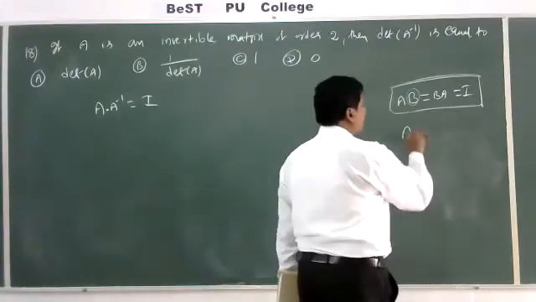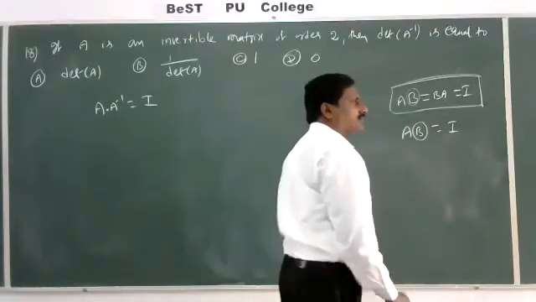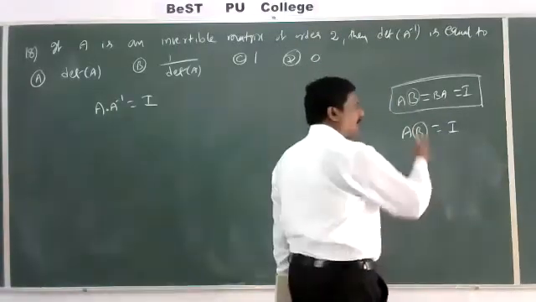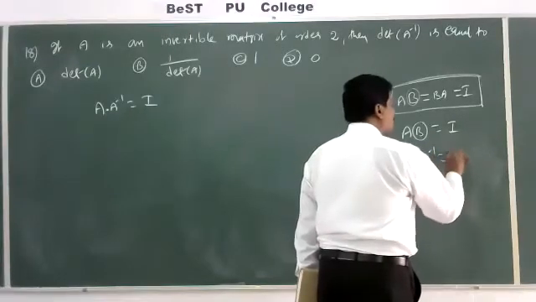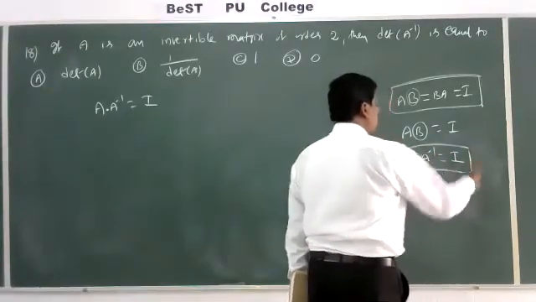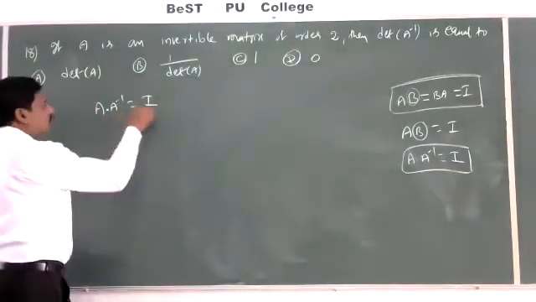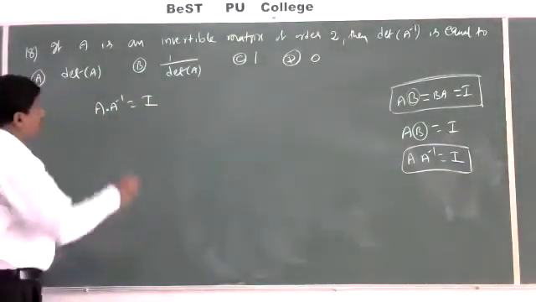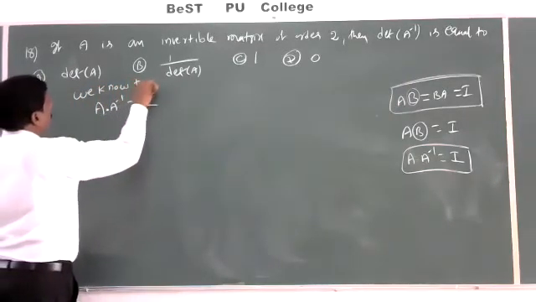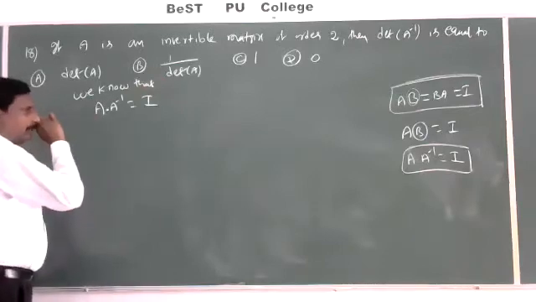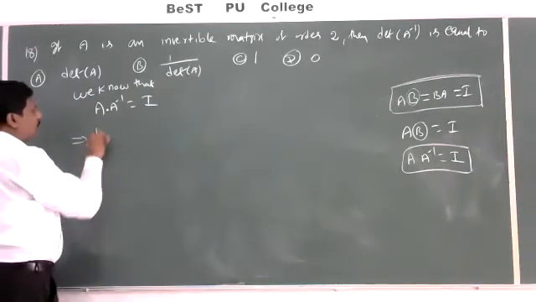From this we can take AB equal to I. In the place of B we can substitute A inverse because B is the inverse of A. So A into A inverse equal to I. We know that A into A inverse equal to I. Take the determinant on both sides.